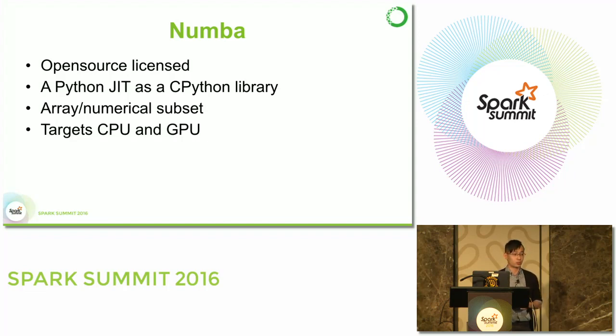That's why it works with PySpark. PySpark uses CPython. And unlike PyPy, it doesn't compile the entire Python language. You specialize certain functions that are hotspots, and they are usually an array-oriented, numerical subset of Python. And our unique feature of Numba is that it targets both CPU and GPU.